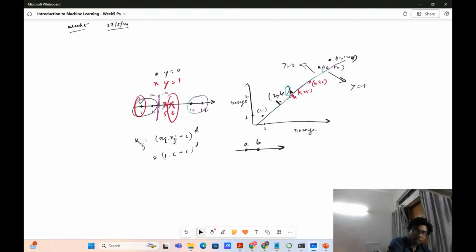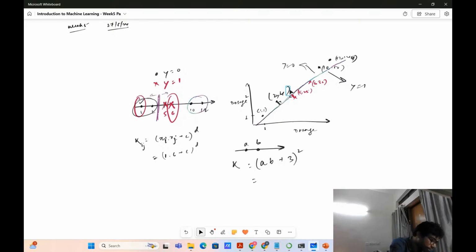Now, what will be the kernel value of these two? Let's say you take A times B plus, let's say you fix this C value to be 3 for now. And you take the D value to be 2 for this particular example.